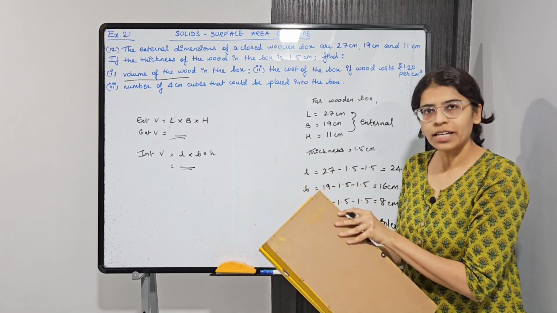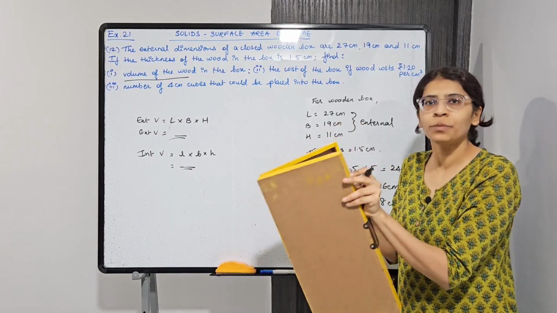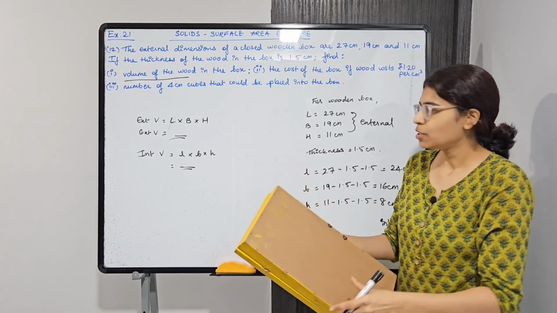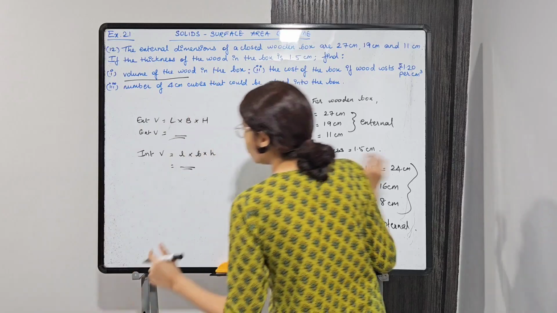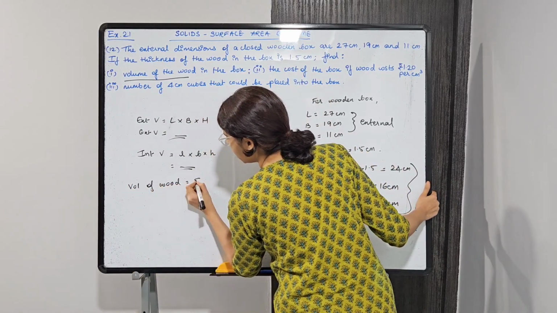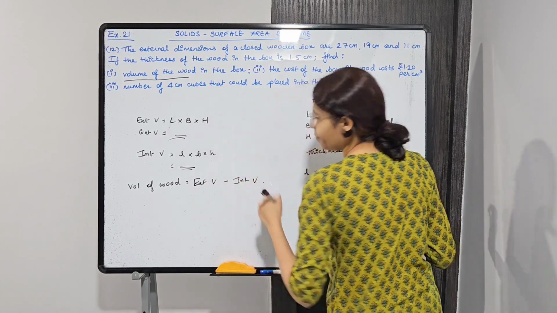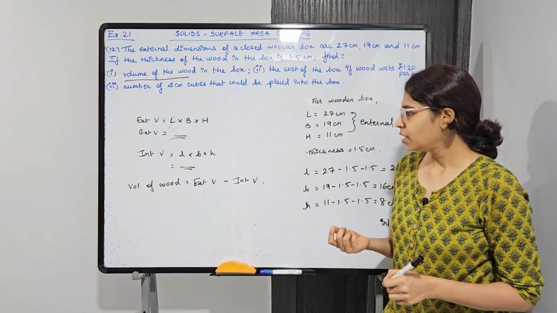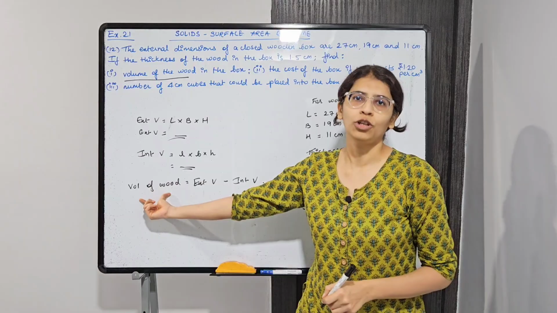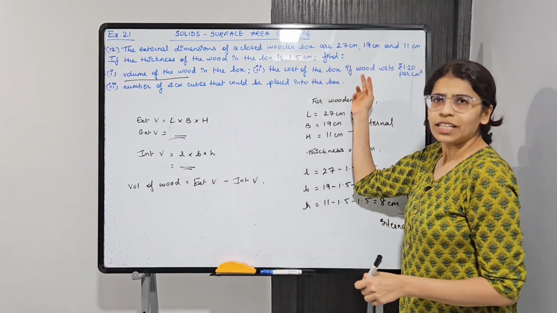So the volume of wood required to make the box is nothing but the external volume minus the internal volume. External volume मिल जाएगा, internal volume मिल जाएगा, subtract करके I can easily find out the volume of the wood required. Once we get the first part, the second part is also very easy.